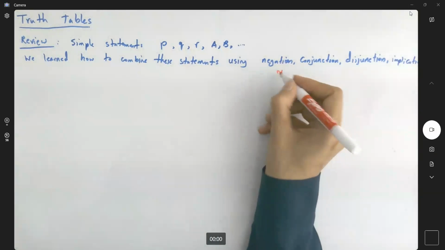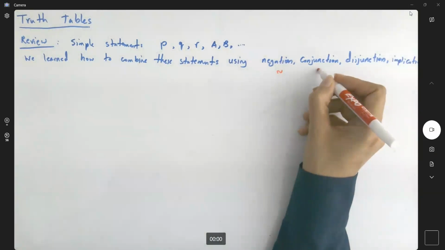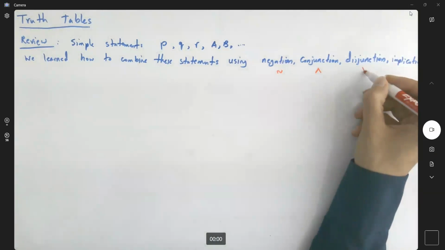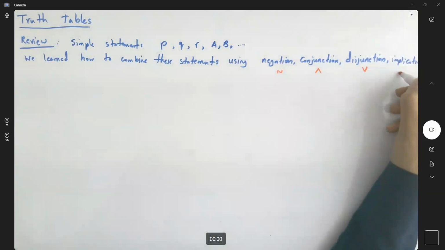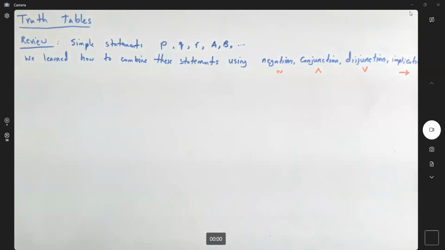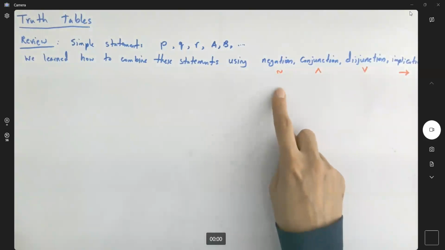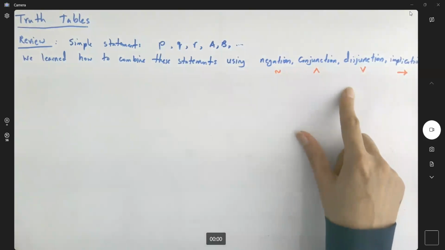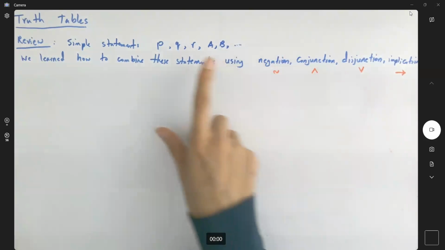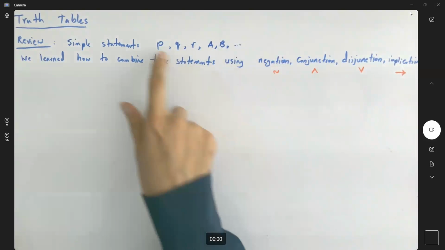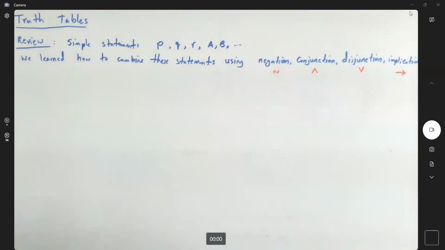So negation, not; conjunction, and; disjunction, or; implication, if, then. These operators, these connectors, help us to form new statements, combine the simple statements, and make them more interesting.